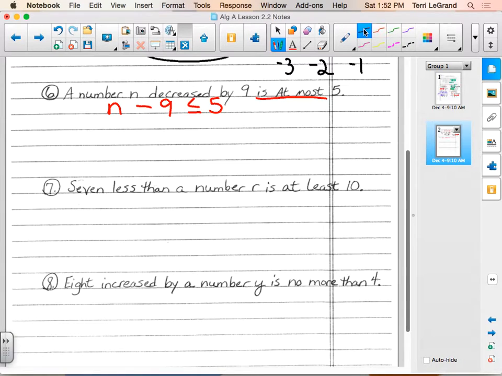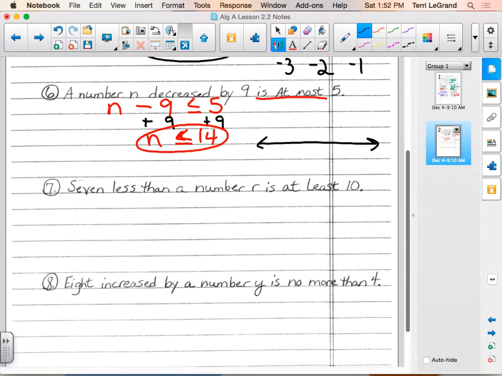Okay, now we're ready. That's our setup. That's our algebraic inequality, and now we're ready to solve it. We're going to add 9 to both sides. And our solution is going to be 5 plus 9, 14. So n is less than or equal to 14 is our solution.